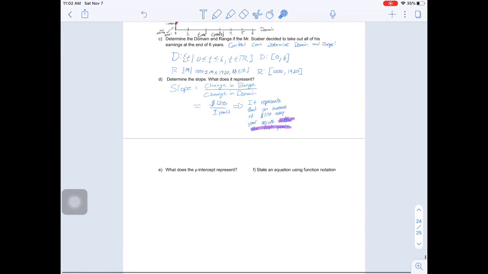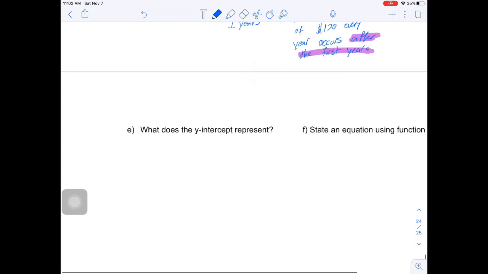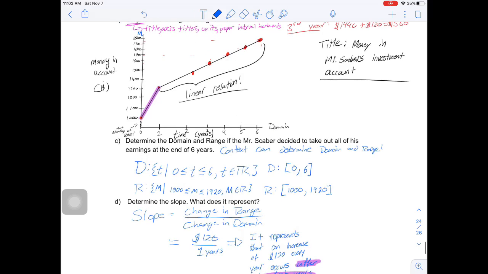Okay, let's do the last two questions here. So what does the y-intercept mean? Remember, what is a y-intercept? The y-intercept is when your graph crosses the range axis. So where's our range axis up here? Our range axis is right here. My graph crosses it at 1,000.